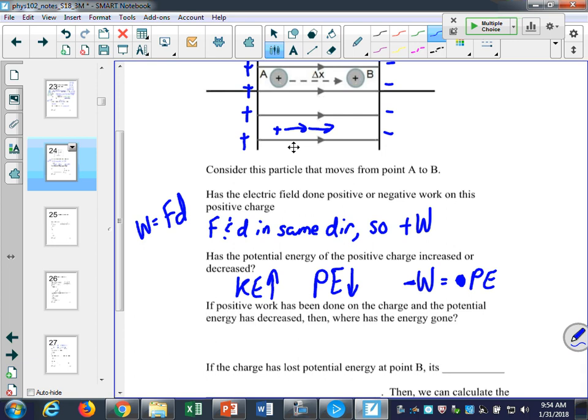So if positive work has been done on the charge and potential energy is decreased, what type of energy does the charge now have? I wrote it up there. But what type of energy does it have? It has kinetic, thank you. So it now has kinetic energy.